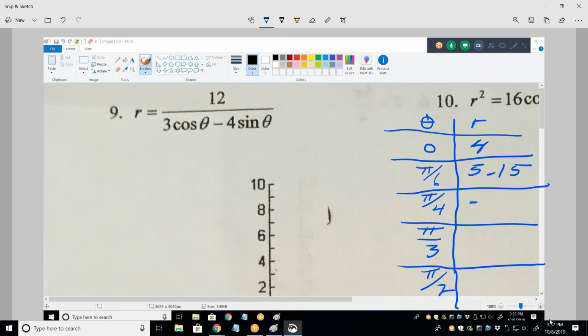I get positive 16 for 24 over root 2. Hold on. Cosine is root 2 over 2. Sine is root 2 over 2. Oh, yes, I've got negative 3 of those minus 4 of them. That's got to be negative. Yes. So, whoops, I've got to be careful on this. It's really easy to erase.